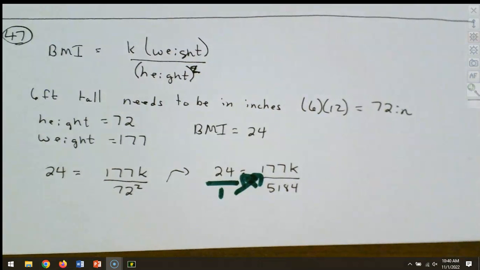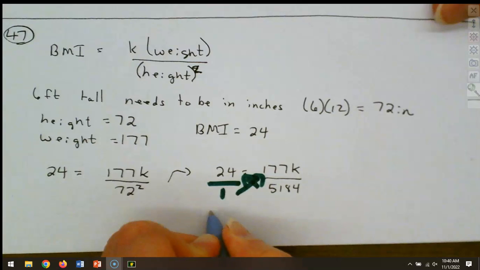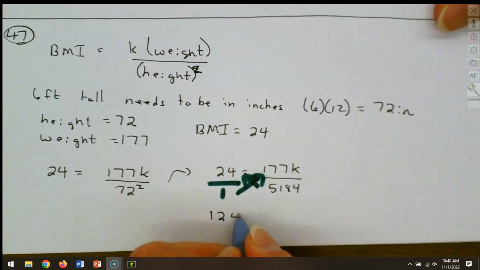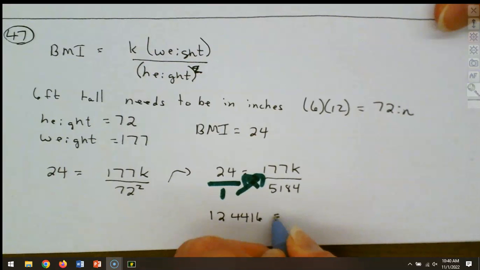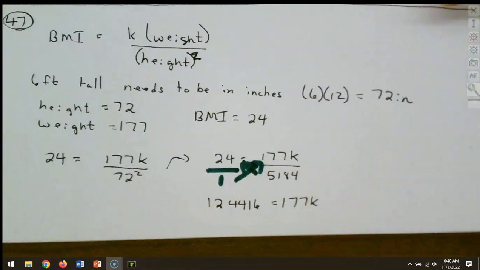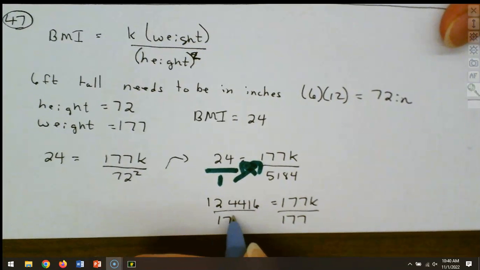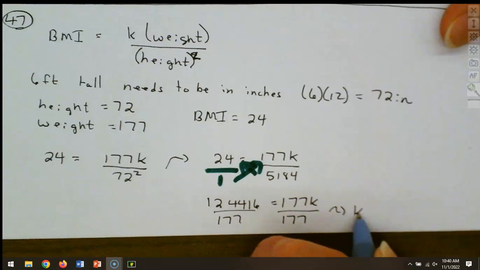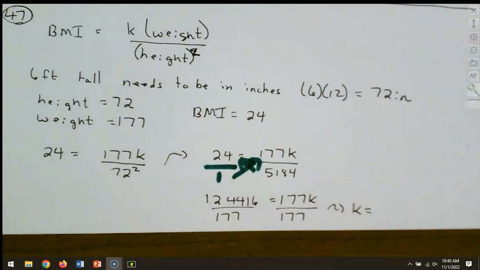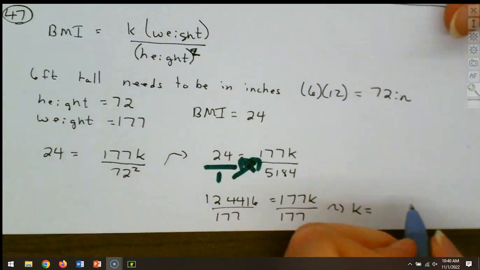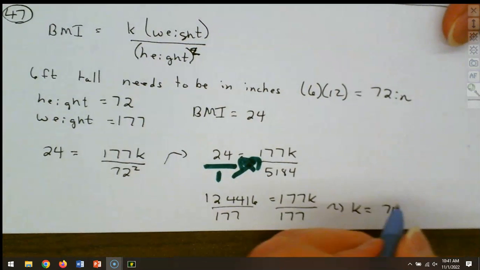Cross multiply and quickly solve this out. So we'll take that times our 24 here. And that gives you 124416 equals 177K. And we'll divide by our 177. And we now have found our K. And our K comes out to be 702.